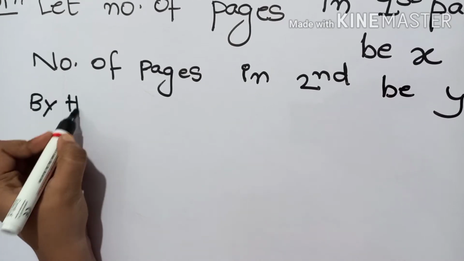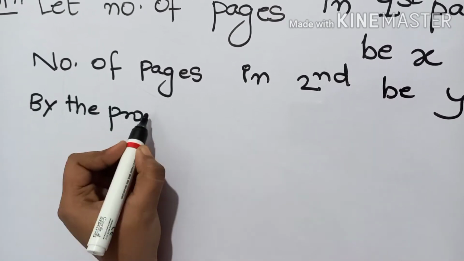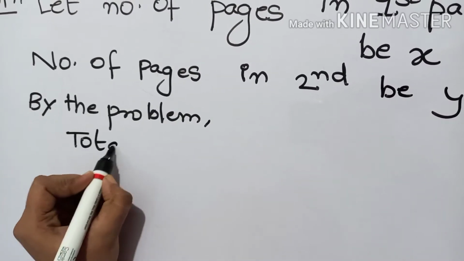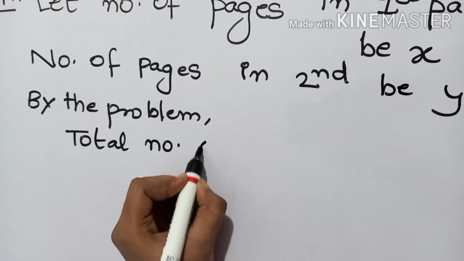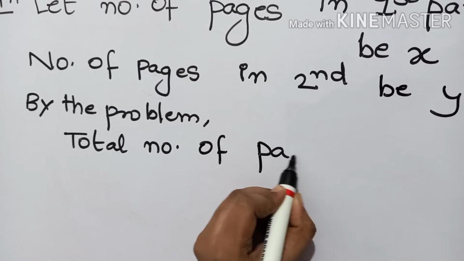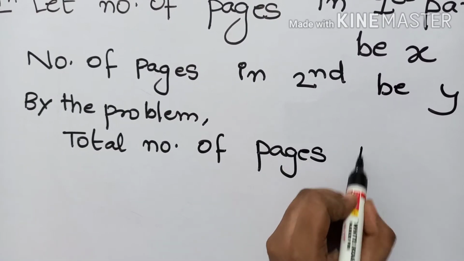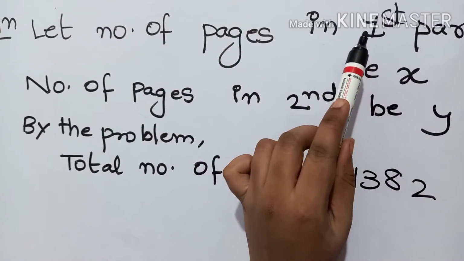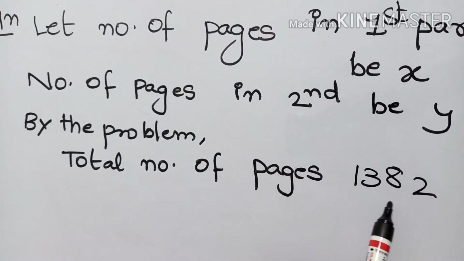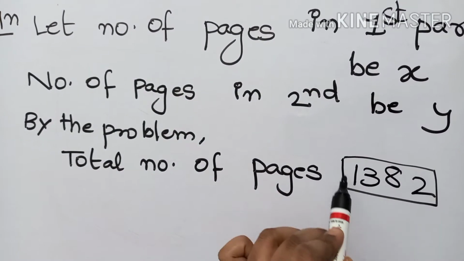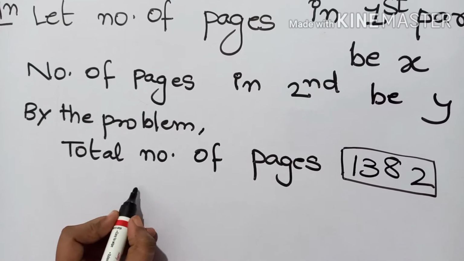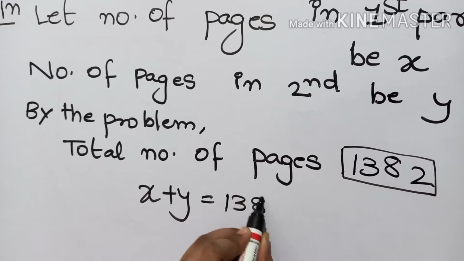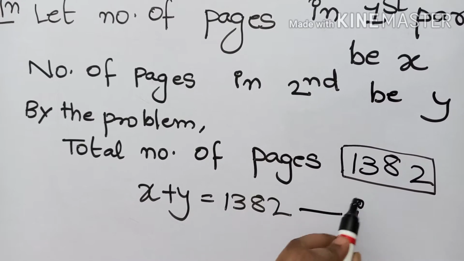By the problem given, we know the total number of pages are 1382. So if we add up both the first part and the second part, then it gives us the total number of pages, which is 1382. So x plus y equals 1382, which will be our first equation.